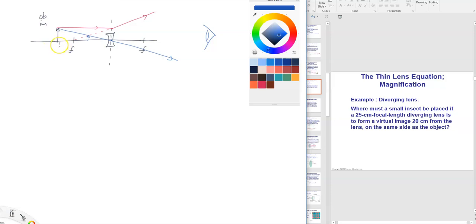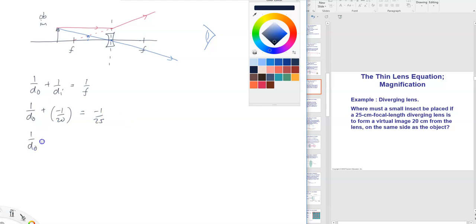So let's do the math and try to figure this out. 1 over d_o plus 1 over d_i. This is what we don't know, d_o. The image is on the same side as the object, so for an image, that's negative: negative 1 over 20. This is a diverging lens, so that's also negative 1 over 25.